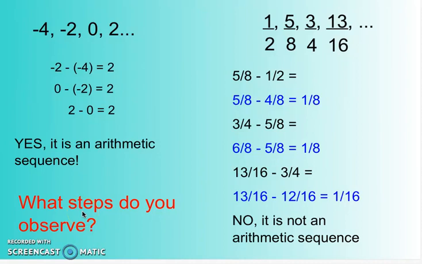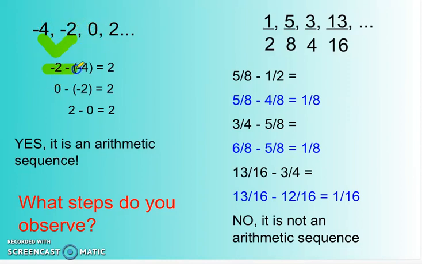What steps do you notice are taken in order to figure out if these sequences are arithmetic? Well, I notice that on both sequences, right away, the first thing that was done was the first term is subtracted from the second term.